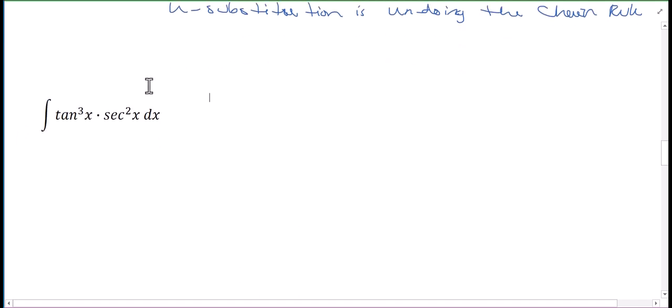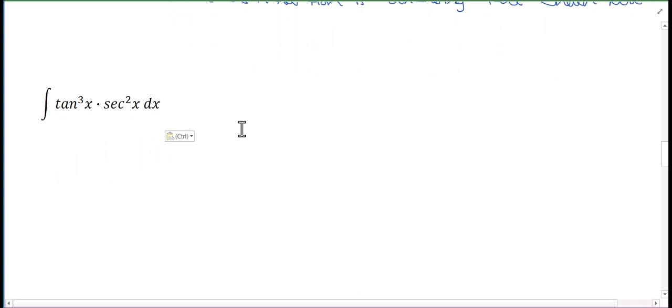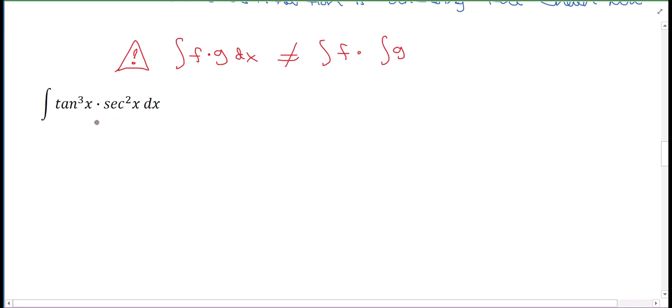So you have the integral of tangent to the third x times secant square x dx. All right, and again, big warning. What's the thing we cannot do? Right, the integral of f times g is not the integral of the product. So you can't say, oh, I'm going to integrate that and integrate that separately. You can't do that.